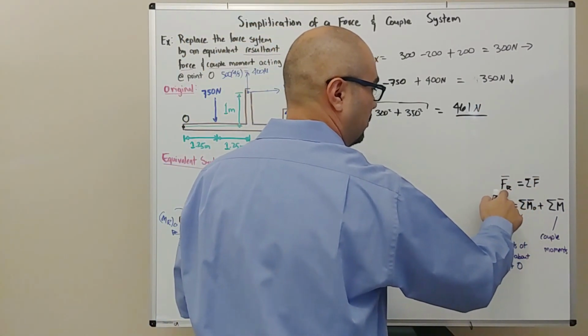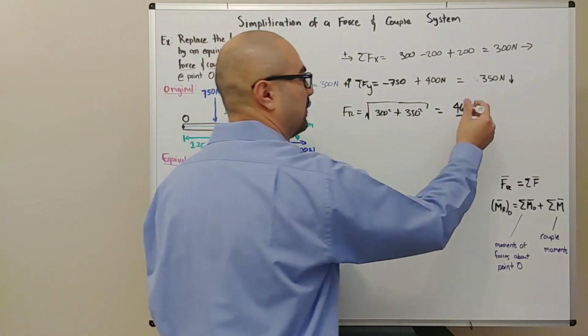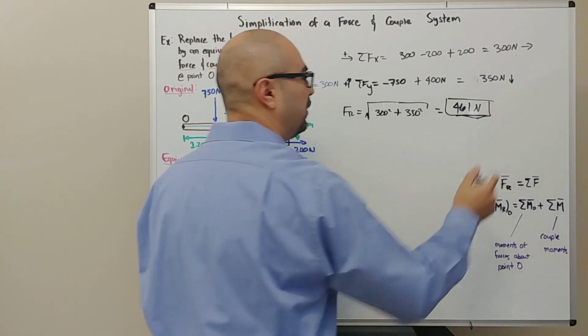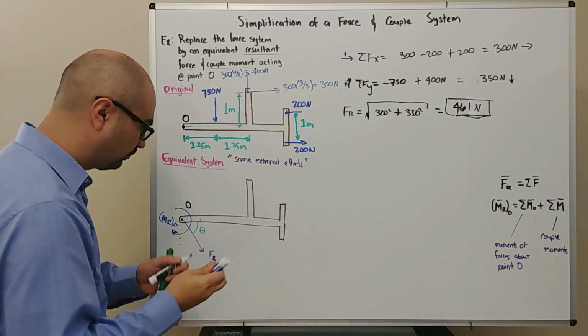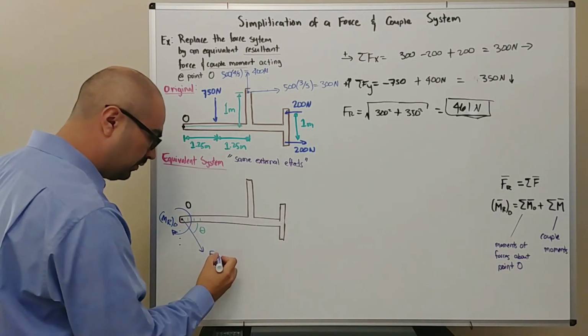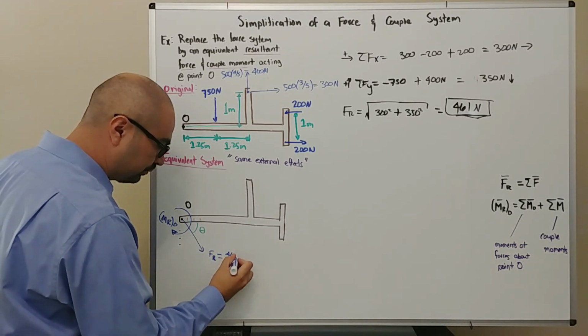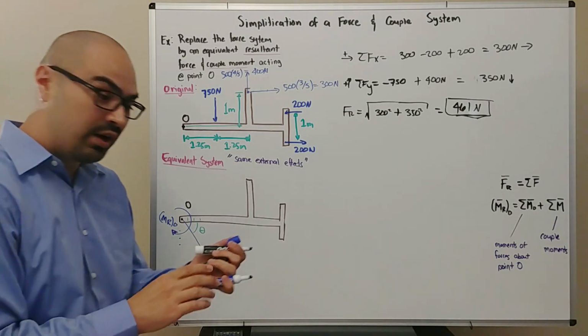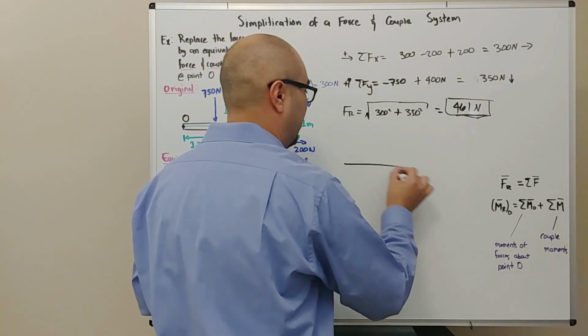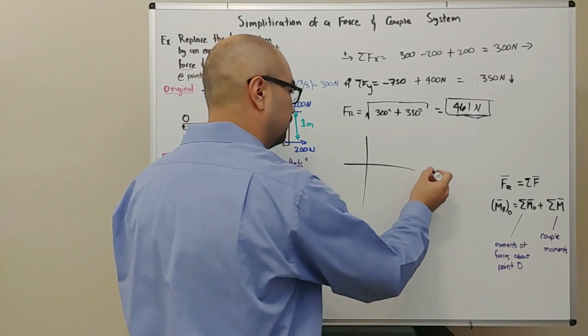Again, that is the magnitude. 461 is the magnitude. We need the direction, right? So remember how to do that? We plot our x and y axis here.